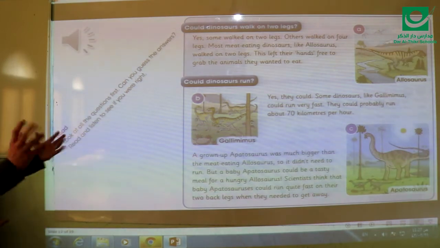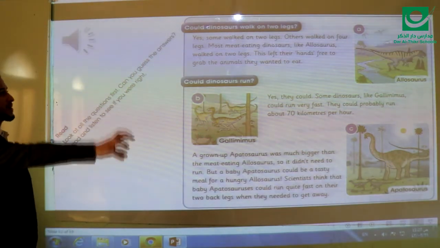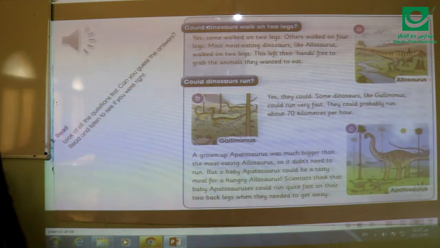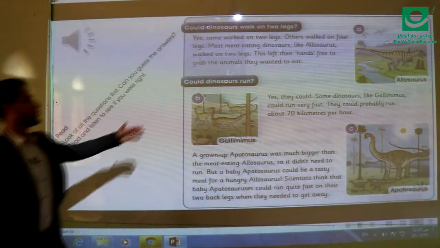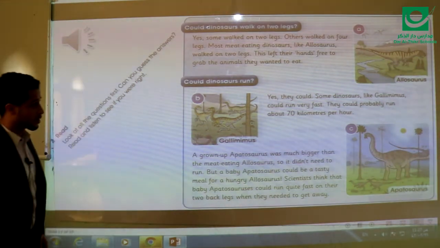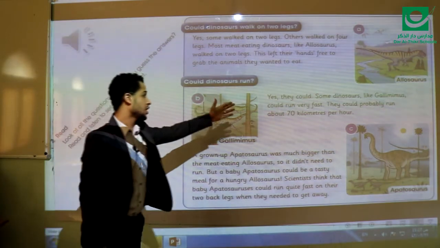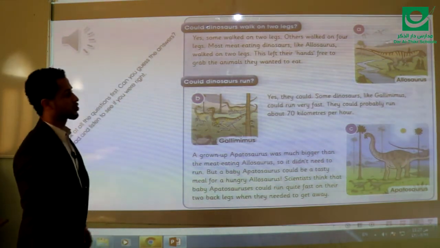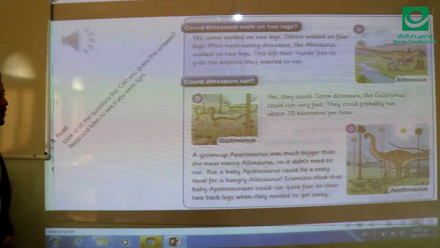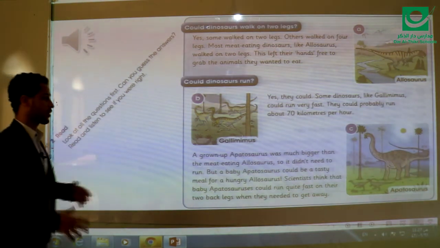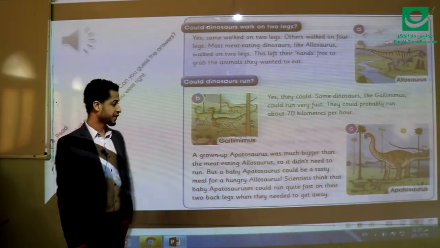This left their hands free to grab the animals they wanted to eat. Question number 2. Could dinosaurs run? The answer is yes, they could. Some dinosaurs like Gallimimus could run very fast. They could probably run about 70 kilometers per hour. Picture B.